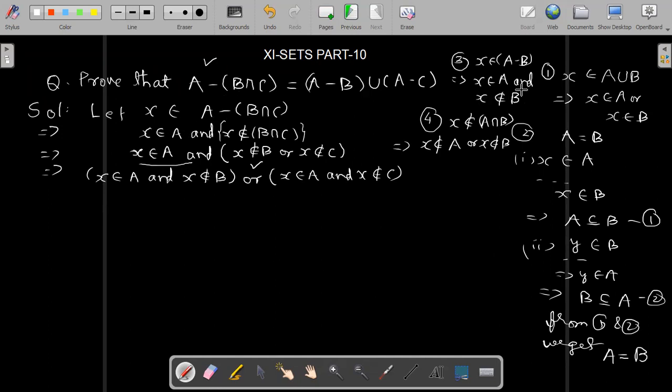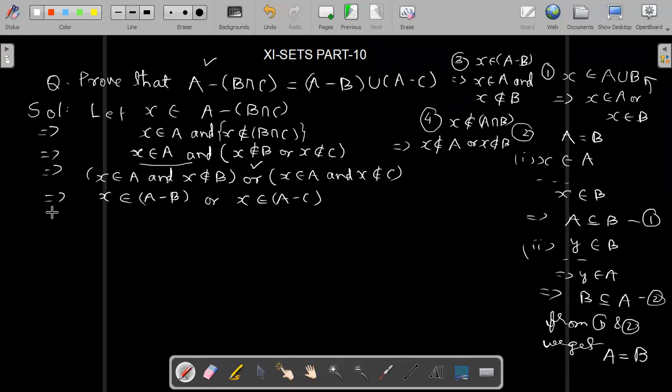Now, as I told you, what is minus? X belongs to A and X does not belong to B means X belongs to A minus B. So this is the definition of minus. Now we can write these two together: X belongs to A minus B. Then OR stays as it is, and here also we can write X belongs to A minus C. When OR is there, it will convert into union.